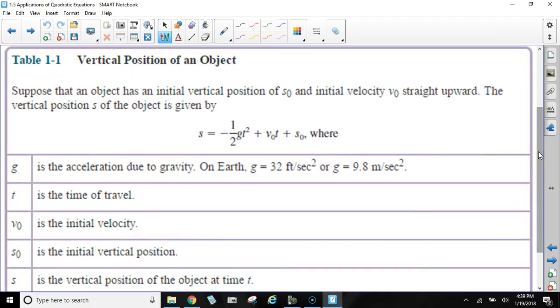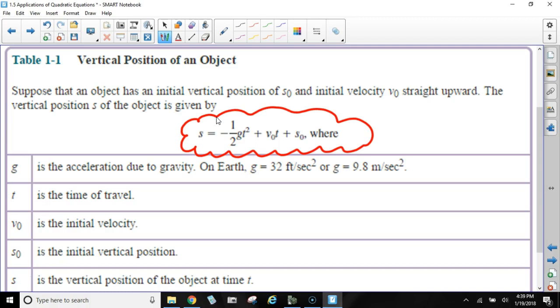In Table 1.1, it outlines the formula we are to use for these types of problems. The height, the vertical position, is equal to -1/2 g t squared, where g is the gravitational constant, determined by whether you're working in feet, or you'll use 9.8 meters per second squared if you're working in meters.